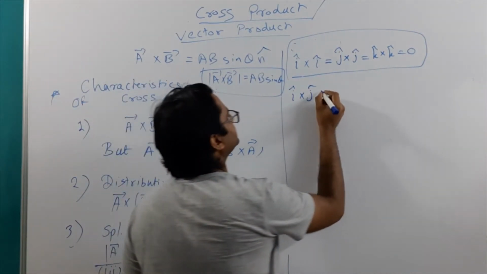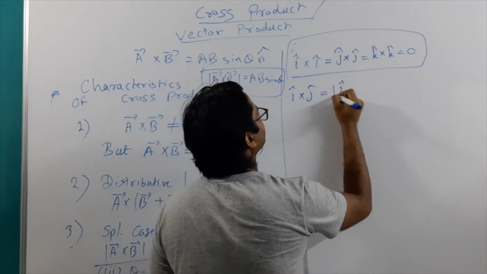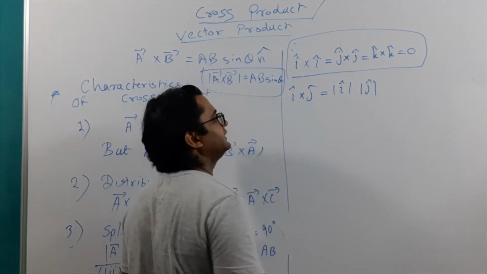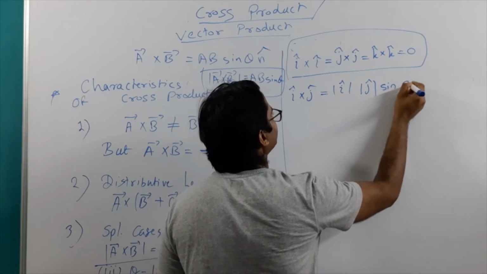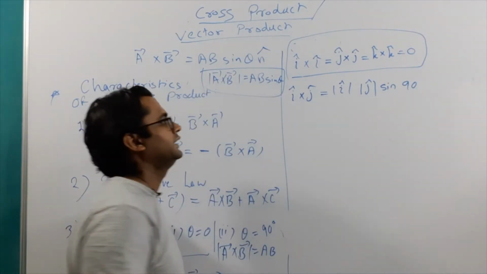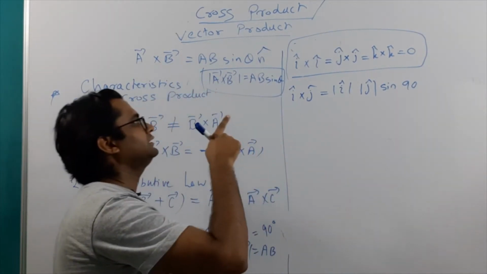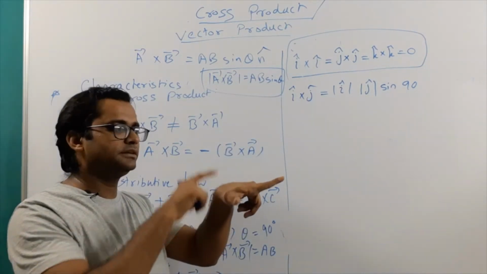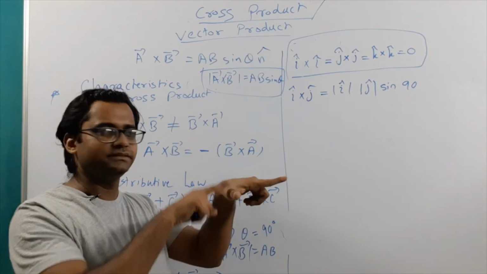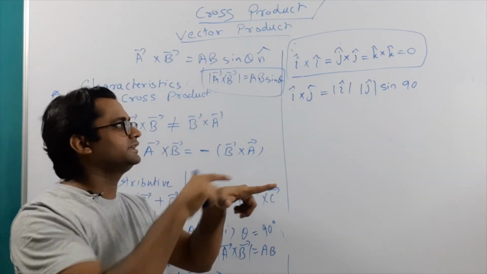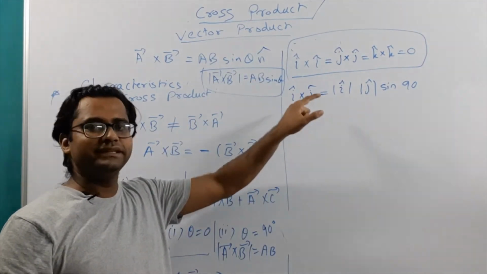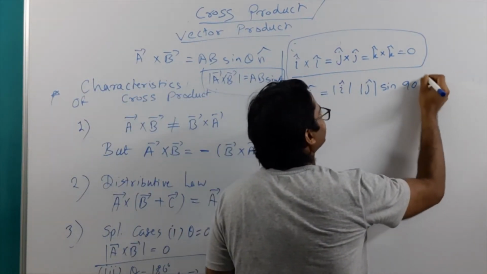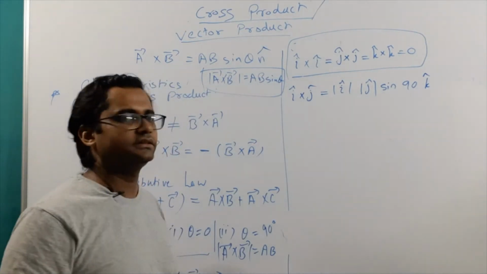So I cross j is magnitude of I, magnitude of j into sine of angle between them, which is 90, and the unit vector n cap is perpendicular to I and j. So which axis is perpendicular to x and y? We know that axis z is perpendicular to x and y, and that's why k cap is perpendicular to I and j. So we will write k cap as unit vector along z axis, or k cap is our n cap in this situation.